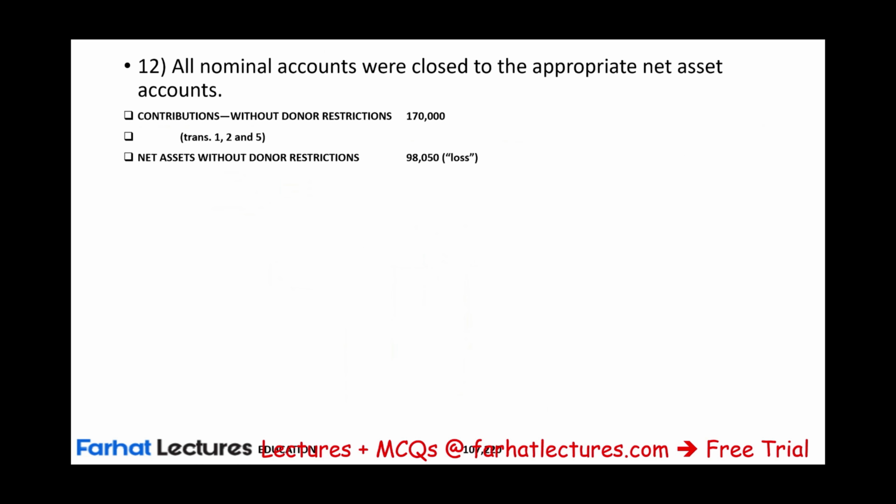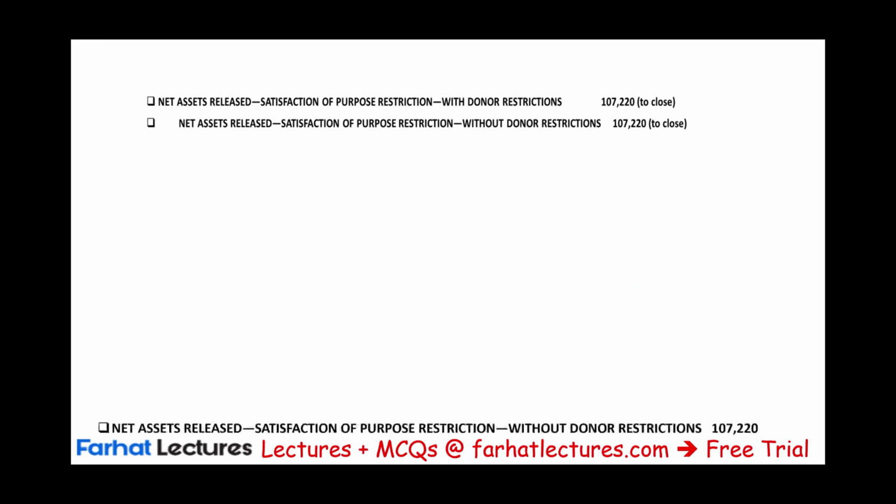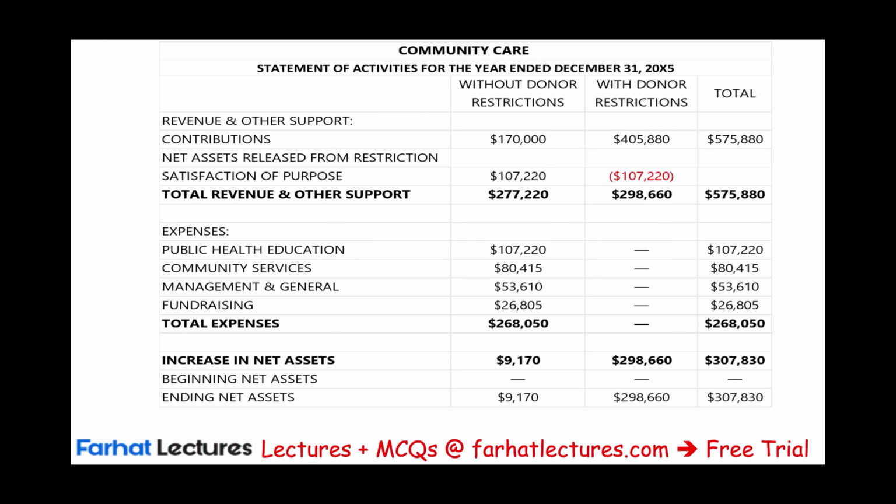Now I believe it's very beneficial to show you this on the statement of activities, because it's very important that you see this. So this is the statement of activities, which we looked at in depth in a prior session, but I want to show you what's happening here. Notice the 107,220. It's being deducted from the with donor restriction column and being moved to the without donor restriction column.